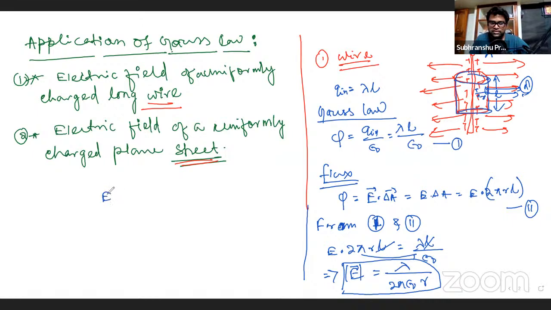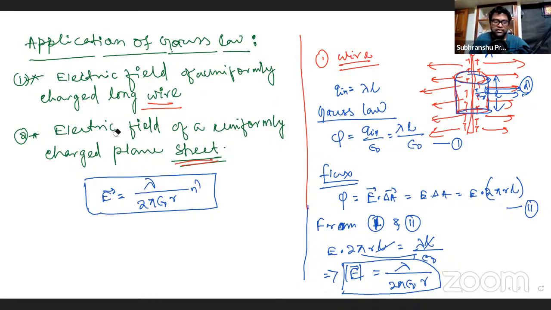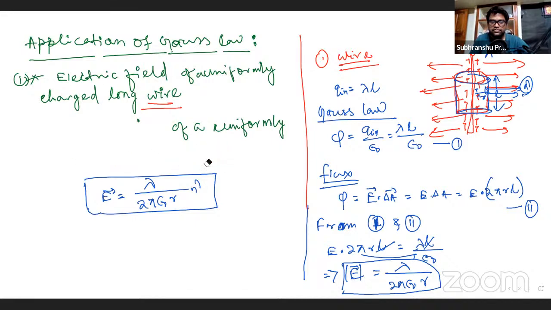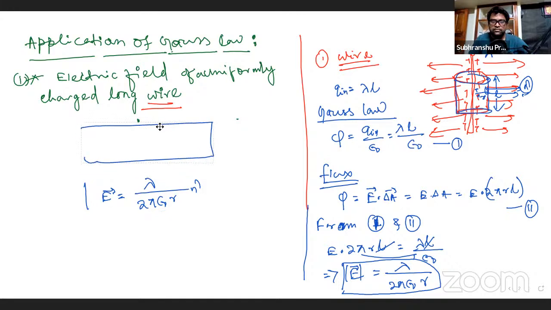So E vector, because electric field is a vector, equals lambda by 2 pi epsilon naught R n cap. This is the electric field for the charged wire. Yes, sir.